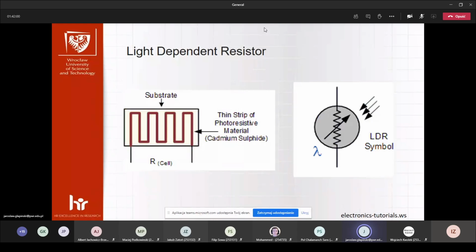It is made of special substances which change the resistivity due to the amount of outside energy. This depends on the wavelength, the intensity, and other factors.